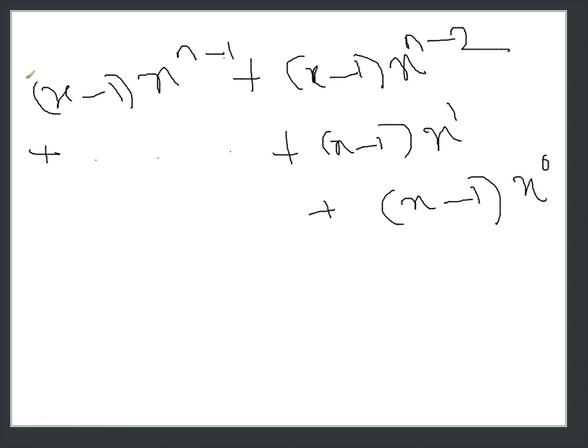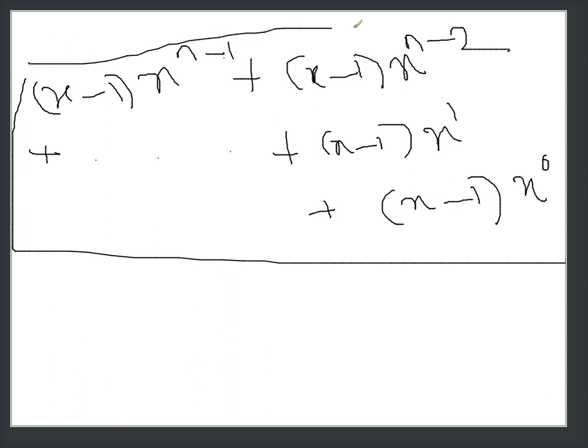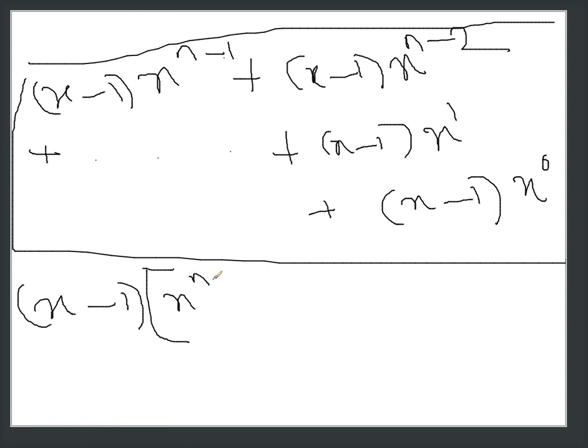So if I take out x minus 1 from all of this, it would be x raised to n minus 1 plus x raised to n minus 2 plus dot dot dot x plus 1.